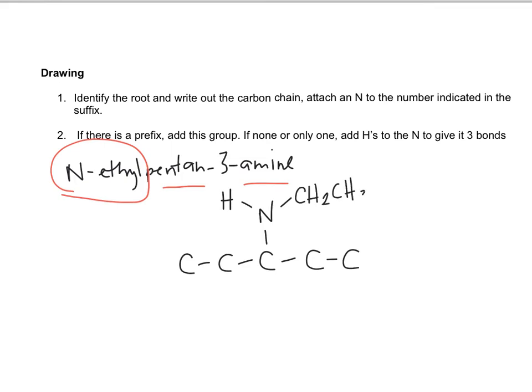And the other atom is a hydrogen. So make sure that that nitrogen has 3 bonds. In this case, there's a side group, an ethyl, and there's the longer carbon chain of 5. So the third atom must be a hydrogen.